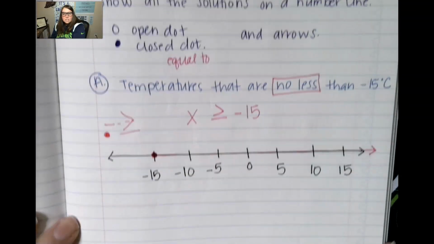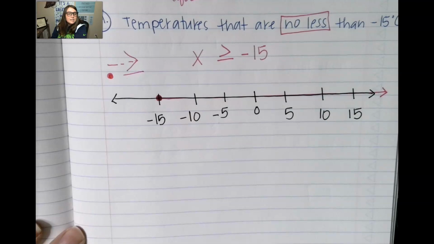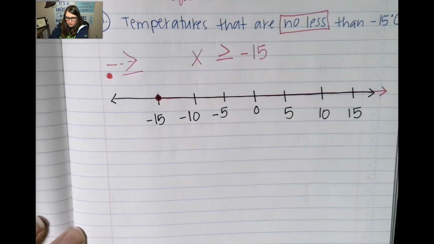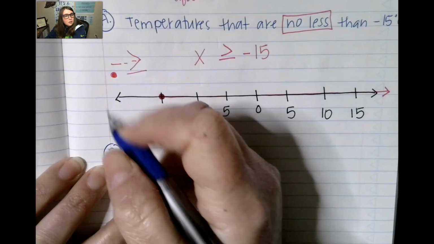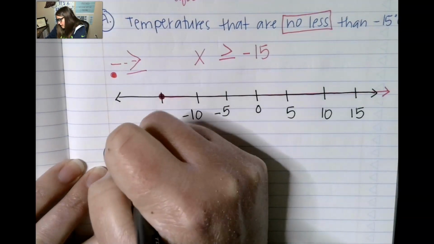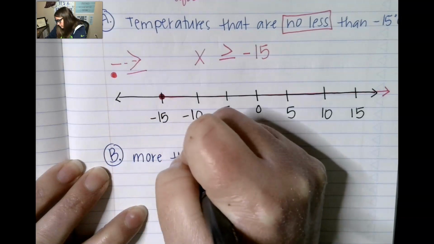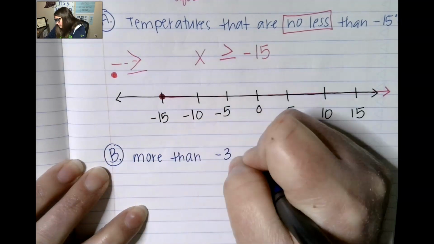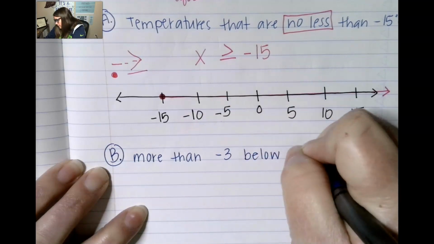Okay, let's go on to the next example. In our next example, it says a fish is more than 3 meters below sea level. So example B: more than -3 below sea level.